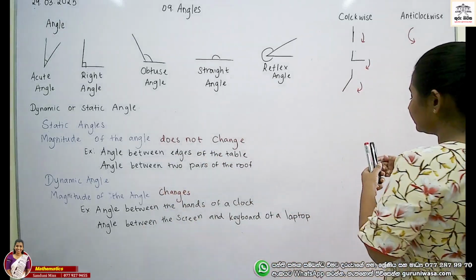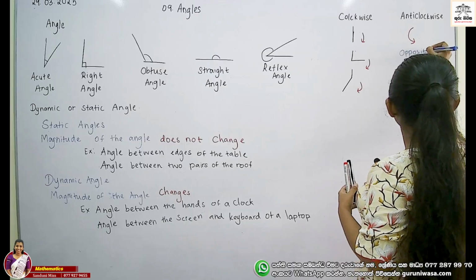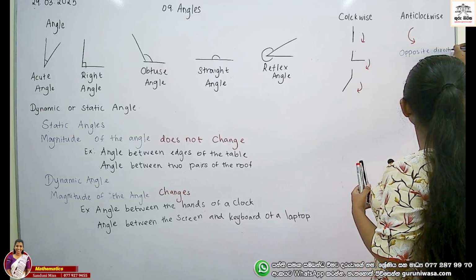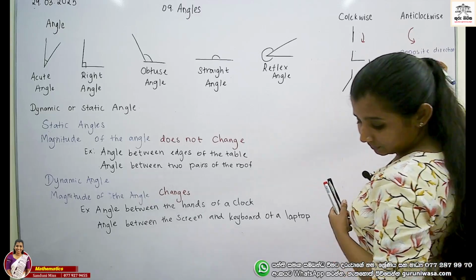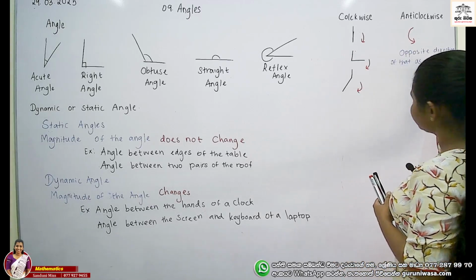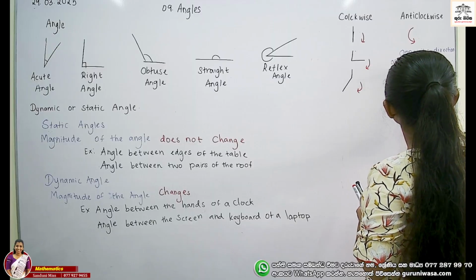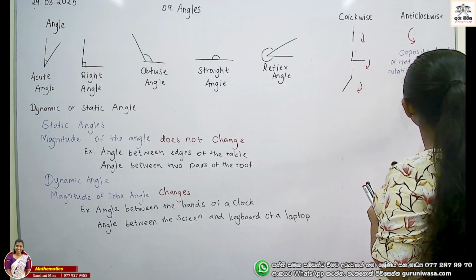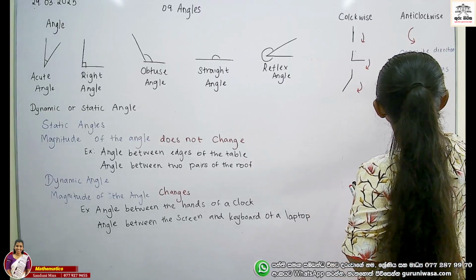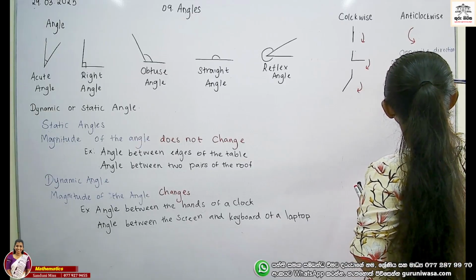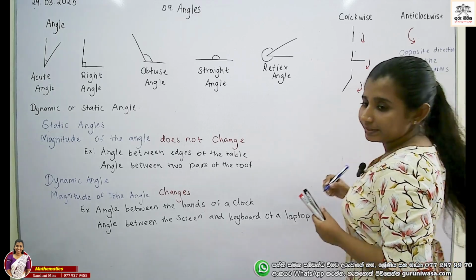The rotation of the arms of a clock is clockwise, and the opposite direction is anti-clockwise. Quickly note it down.